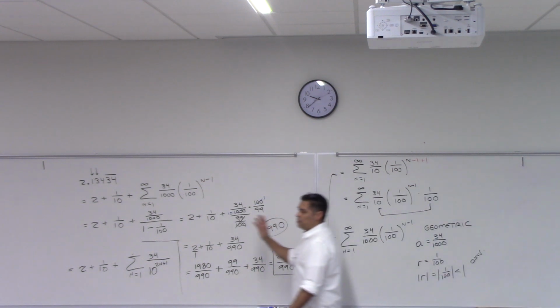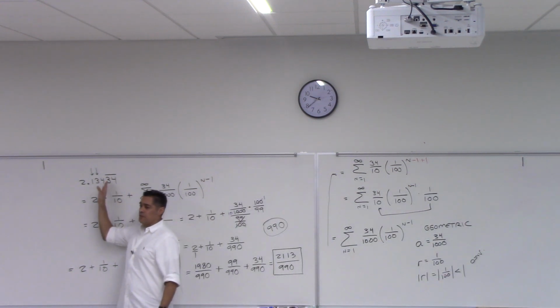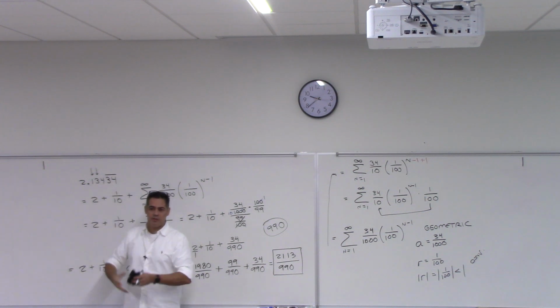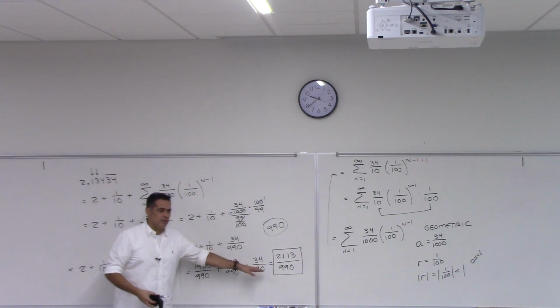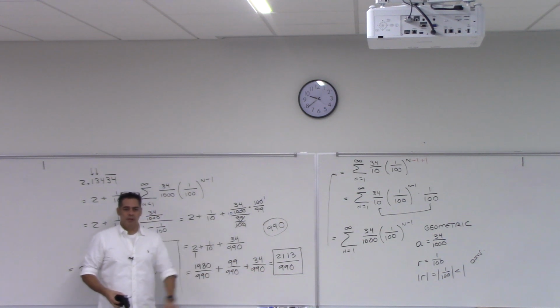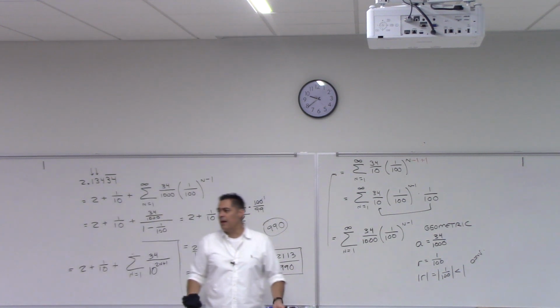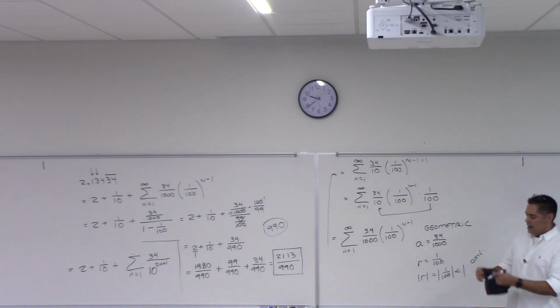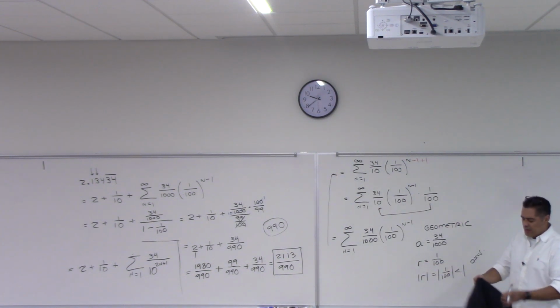All decimals that repeat, all rational numbers, can be rewritten as a fraction. All of them. But you just can't do it for pi and other things like that. So anyone who's a math major, mostly just math majors see this.